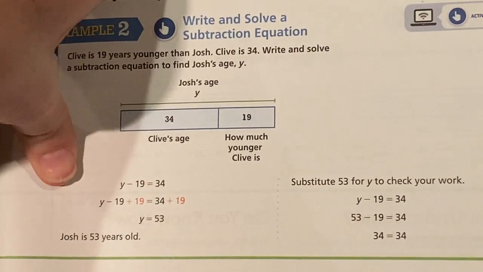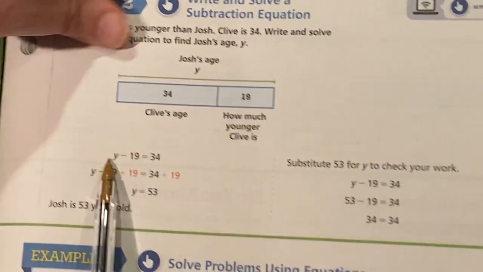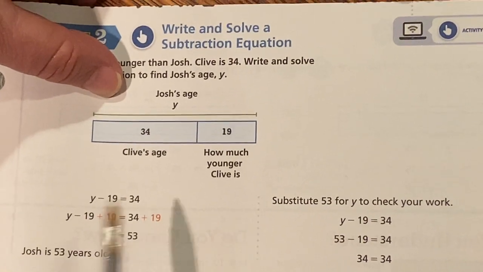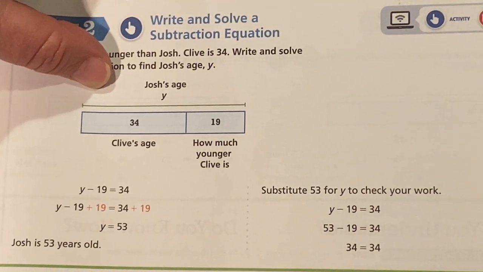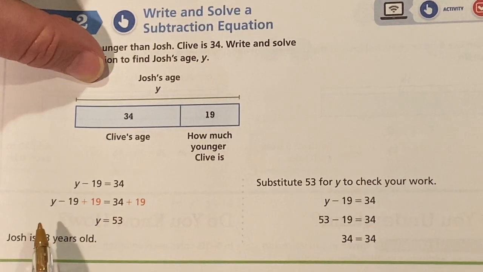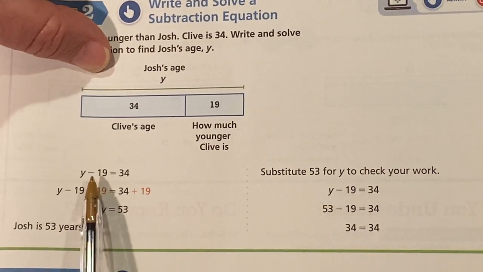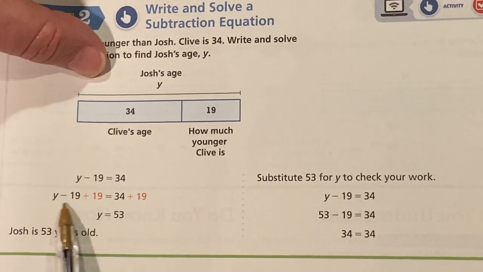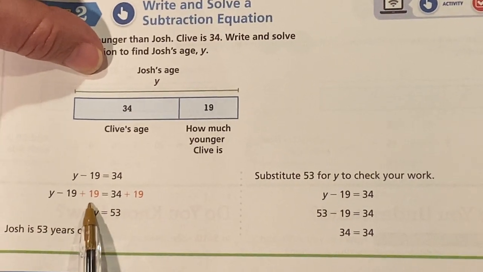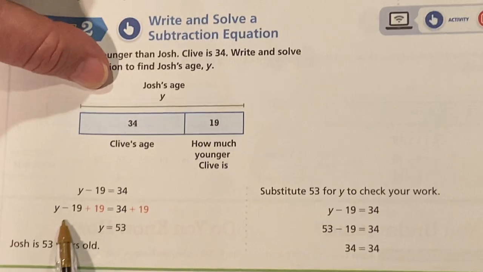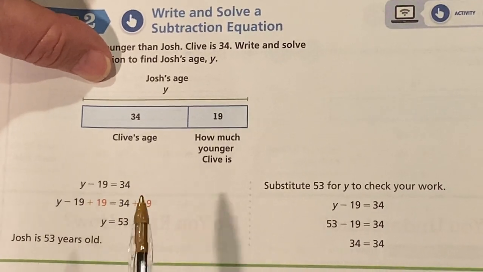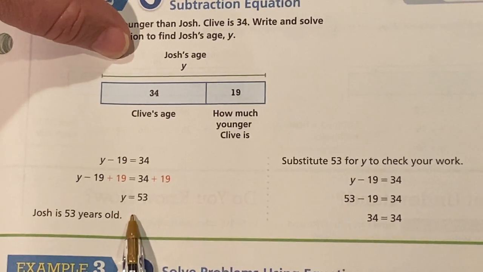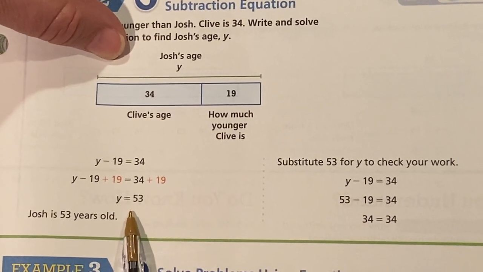This is how that looks in an equation. y, which stands for Josh's age, minus 19 equals 34. Now, if we want to get that y all by itself, we have to get rid of this minus 19 by doing the opposite of it. If it's minus 19, we add 19. And if we add 19 to this side of the equation, we've got to add 19 to the other side. And then we get y equals 53.